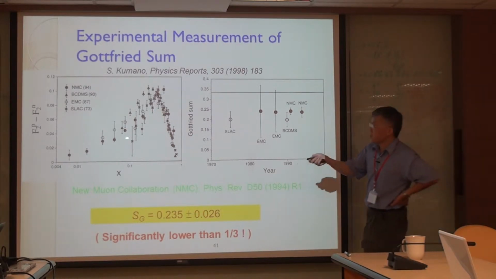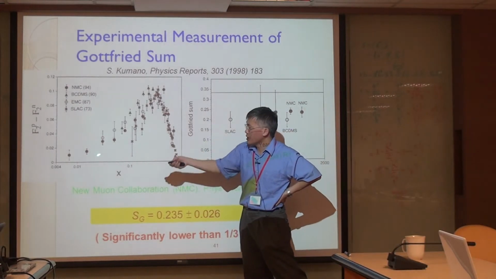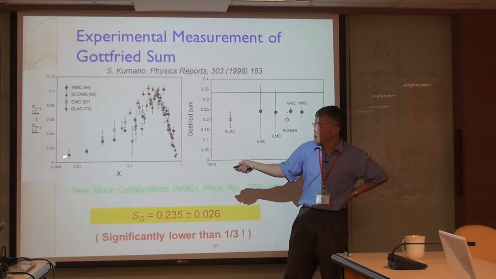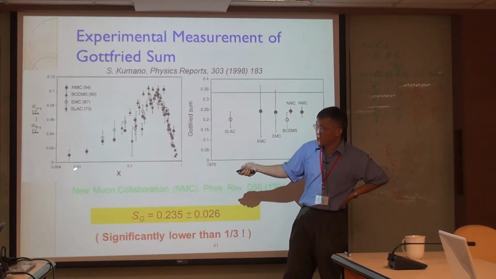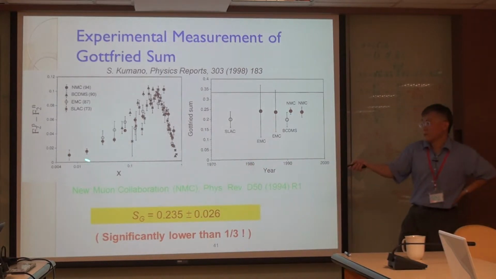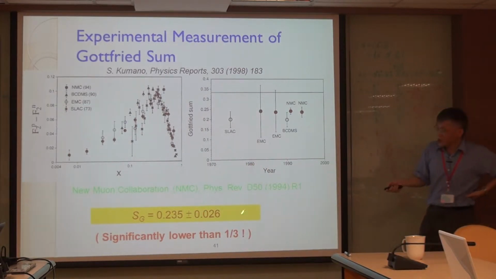Of course, there is a caveat: experimentally, it doesn't cover the whole x region. So in order to do the integration, you have to make some extrapolation on the unmeasured region here. But even so, you can account for that as some kind of error over there. Okay, so this is the 1/3 based on the very naive picture.